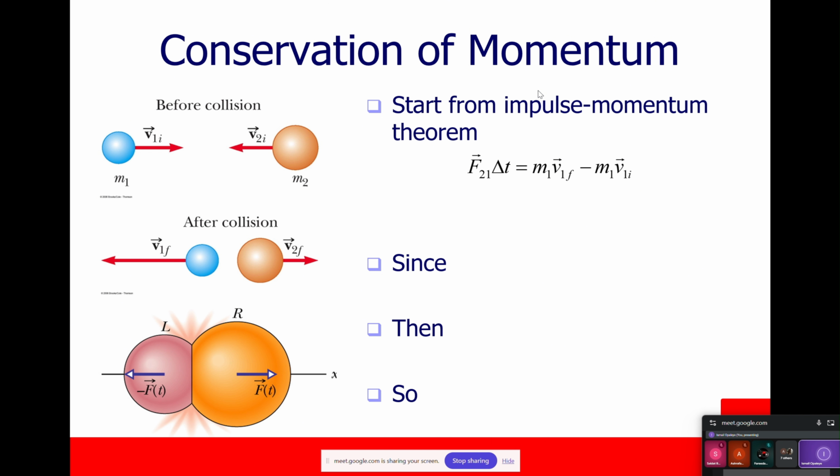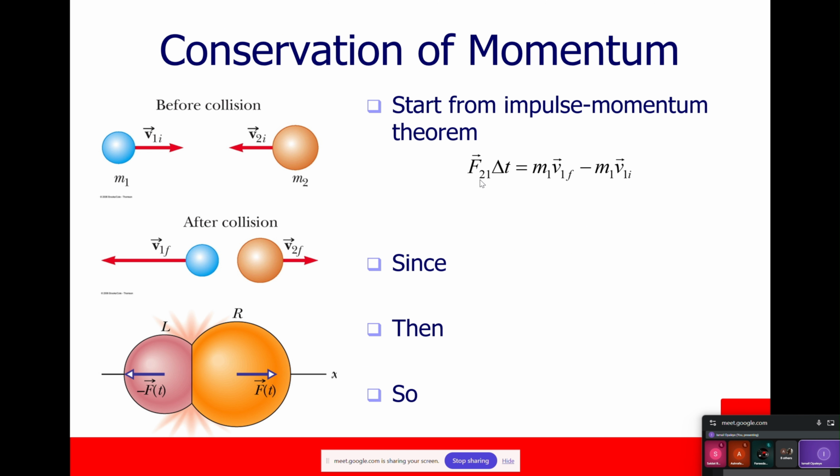To apply the impulse-momentum theorem, the force of mass m2 on m1, that's why we write F21 with delta t, is equal to, sorry, this would be the force experienced by mass m1 due to the action of mass m2.